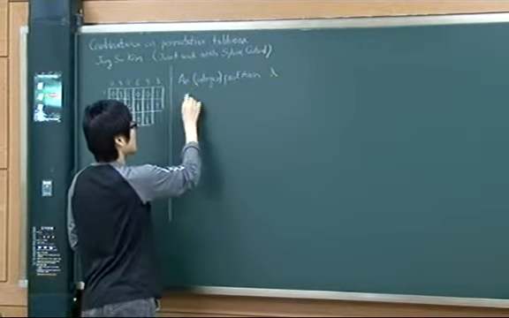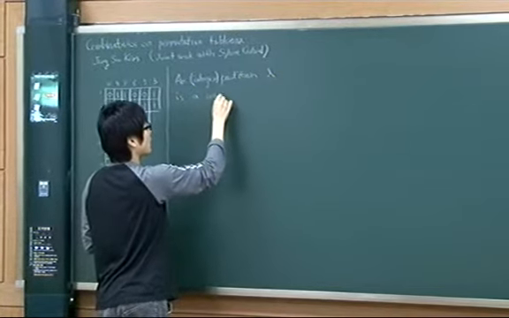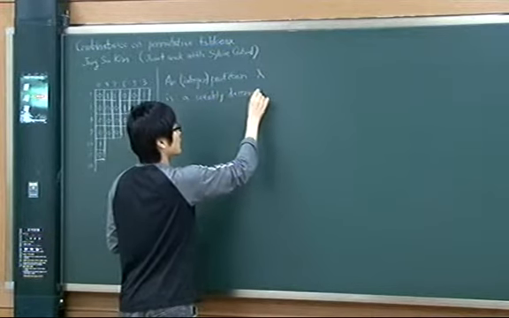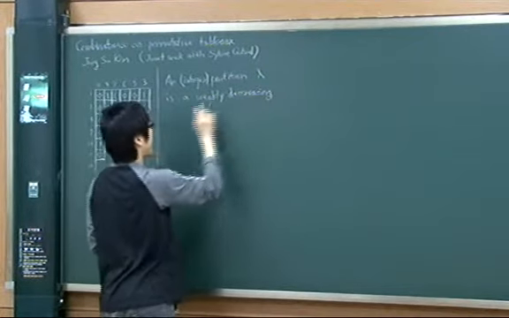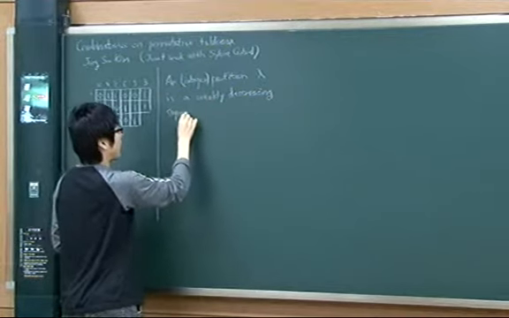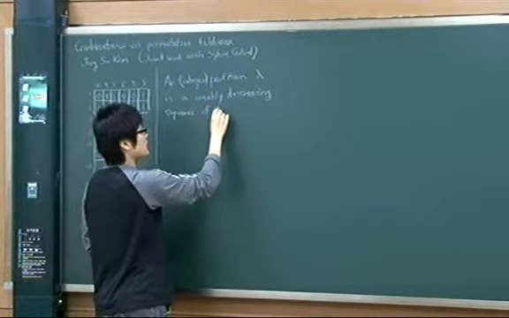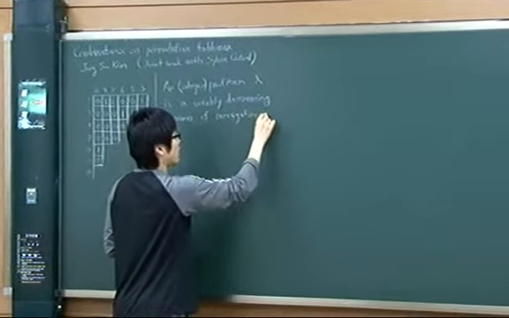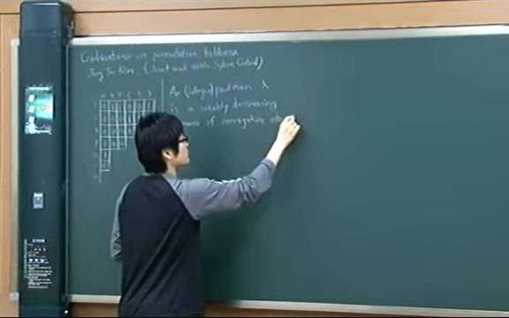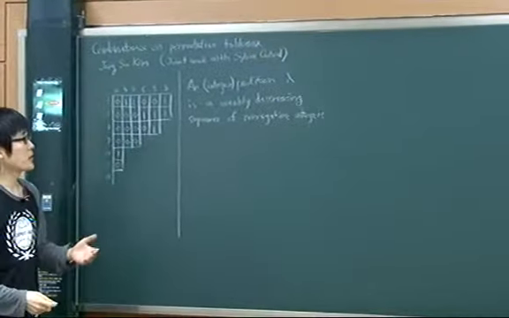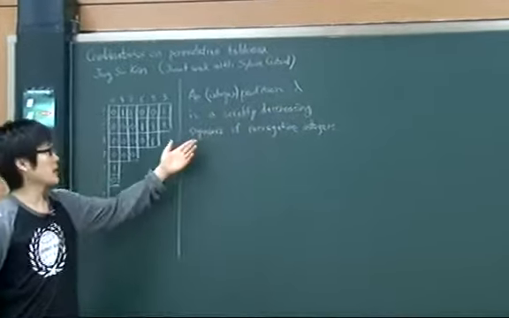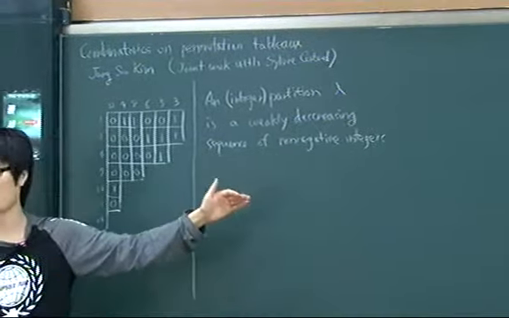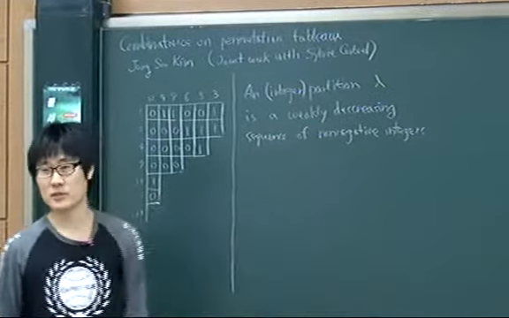Usually, a partition is defined to be a weakly decreasing sequence of positive integers, but we allow zeros. So we may have zeros at the end.